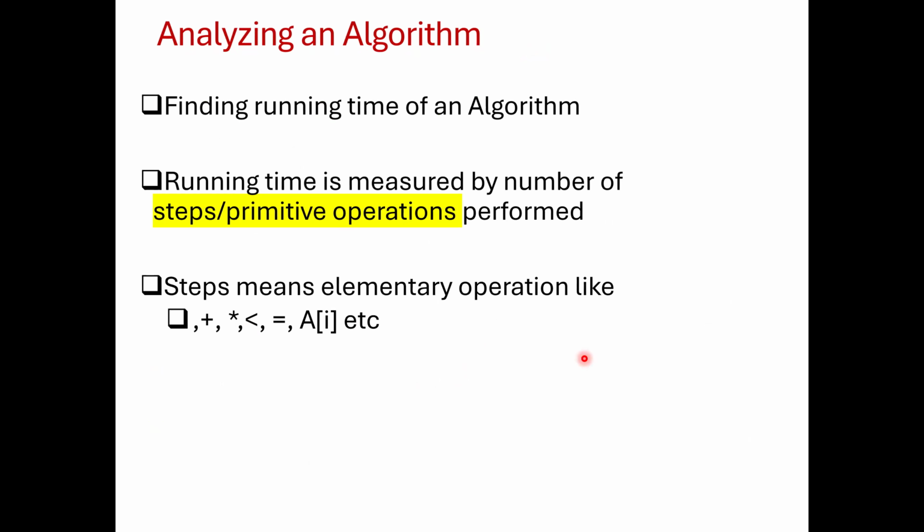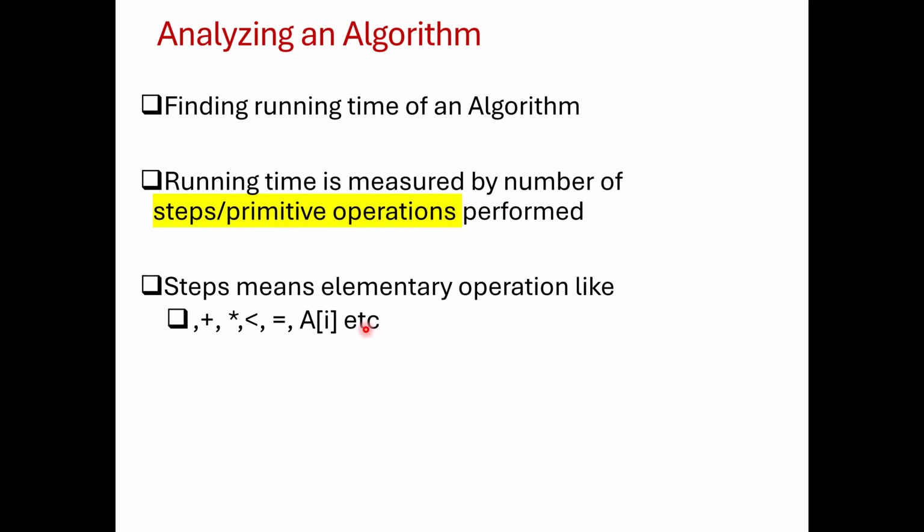When we are going to analyze an algorithm, it says we are finding the running time of that algorithm. And what does that mean? It says the running time is measured by the number of steps or primitive operations performed.